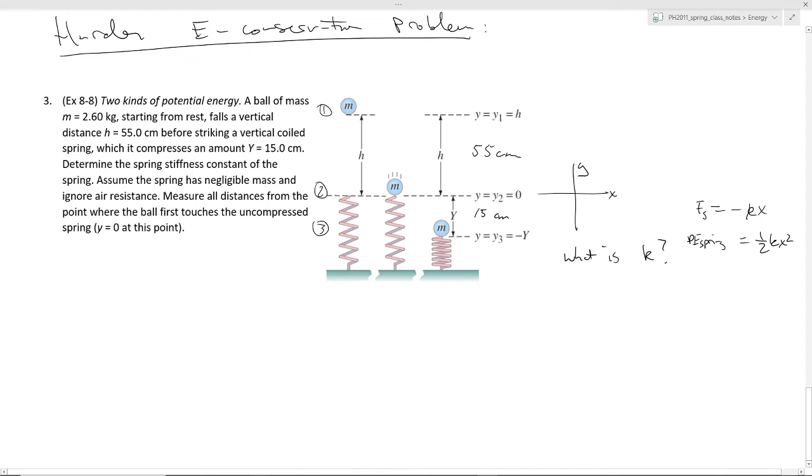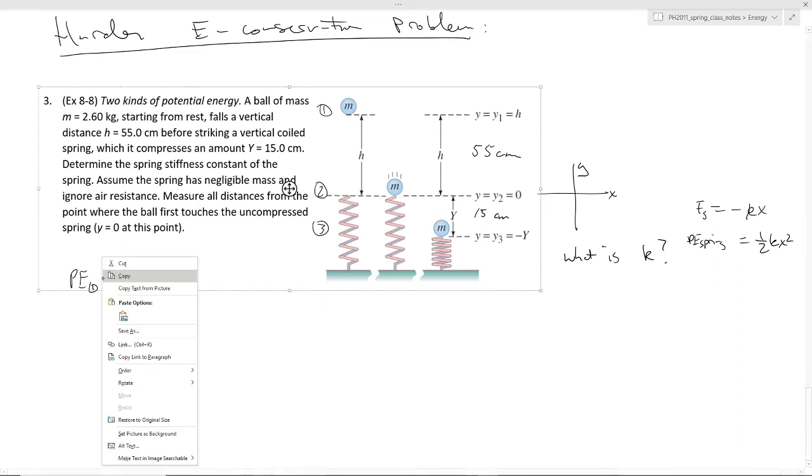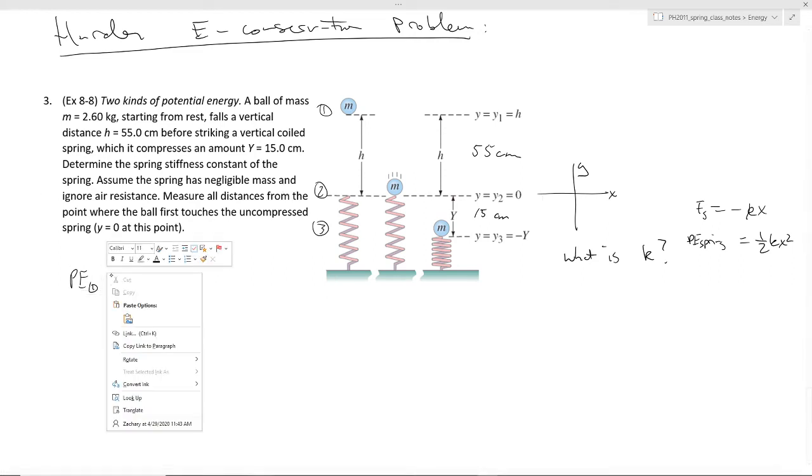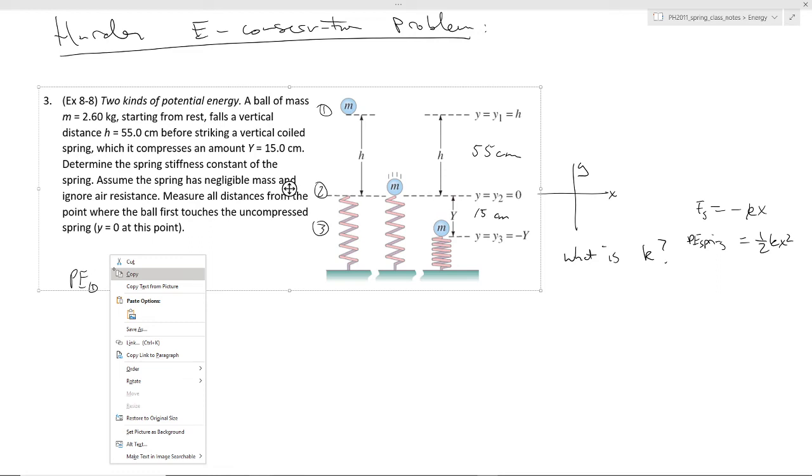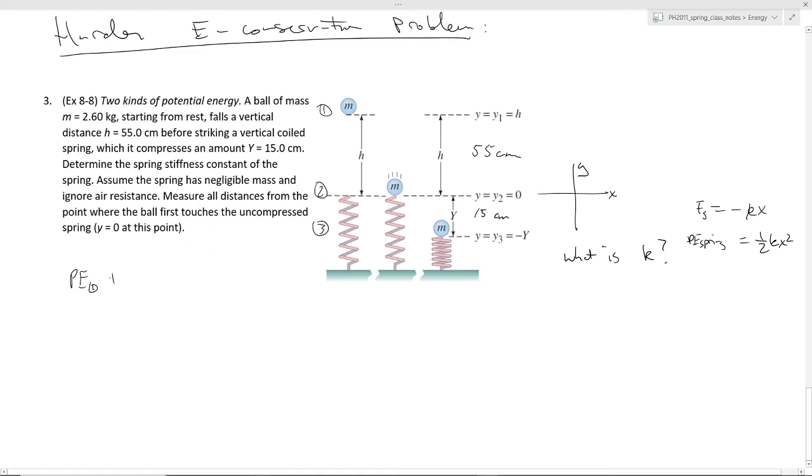So the first step, we're going to see the potential energy plus kinetic energy initial, or at 1, is going to equal the potential energy plus kinetic energy at 2. Okay.